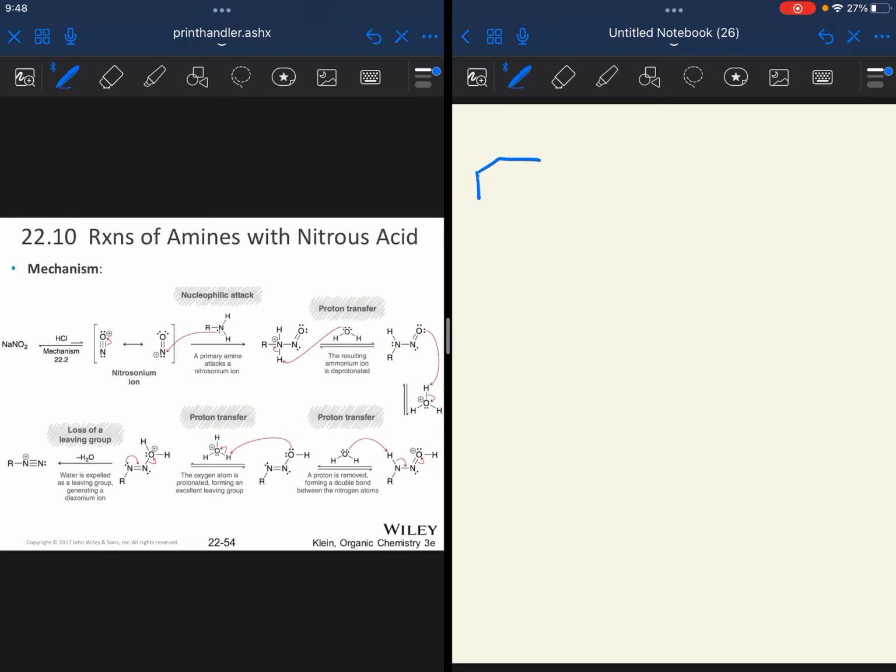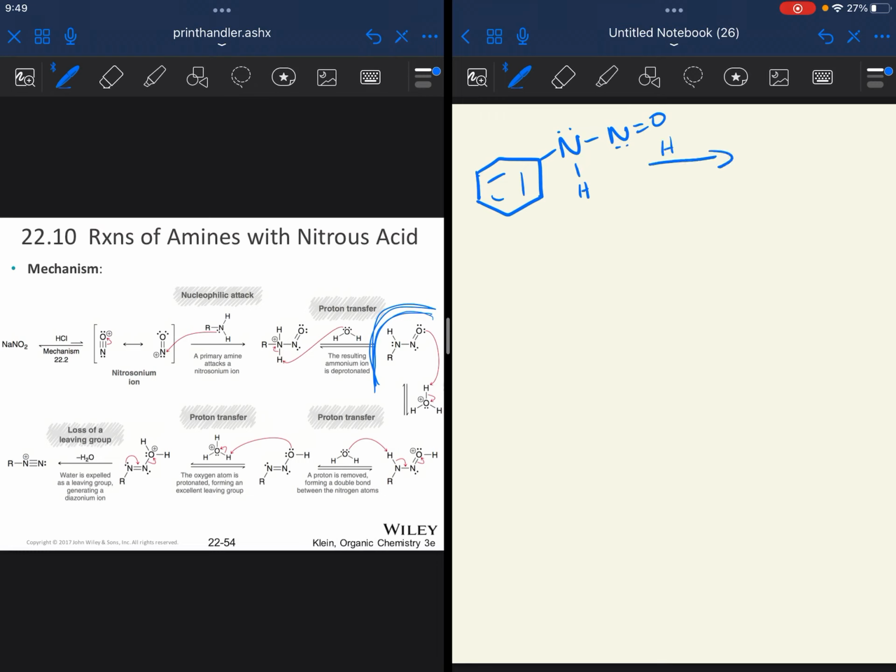I am going to just start with my N-nitrosamine right here. N-O. There's still an H. Okay, so again, where this is picking up is right here. Right? They just overlapped the mechanism a little bit. So we're still in acid, right?